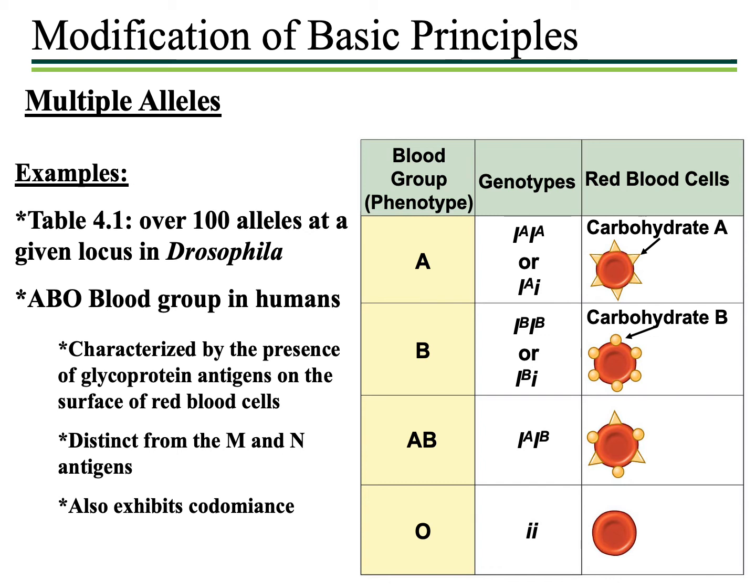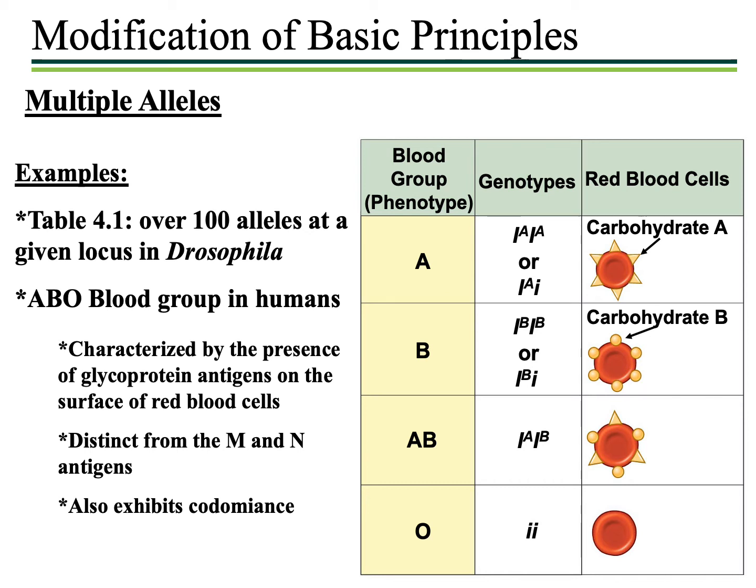So you can imagine that with over 100 different alleles, there are lots of different genotypic and phenotypic outcomes you would expect depending upon the relationship of the two alleles in an individual. So that's a really extreme example.